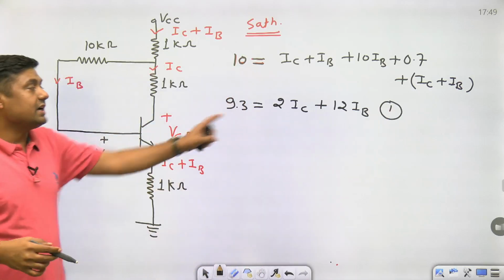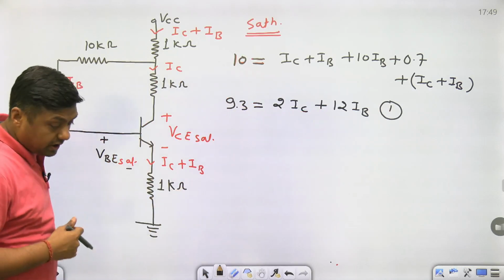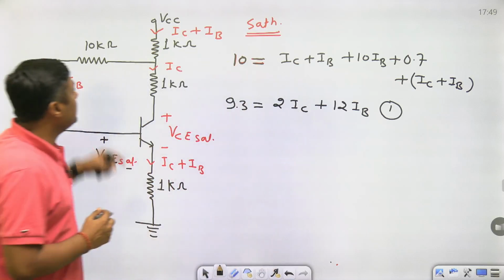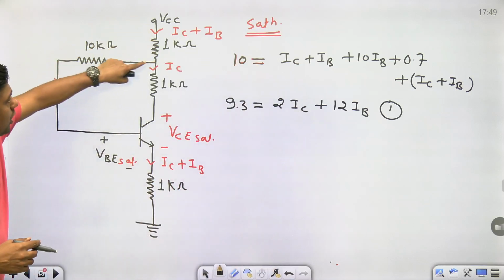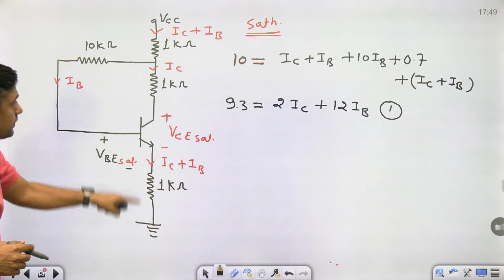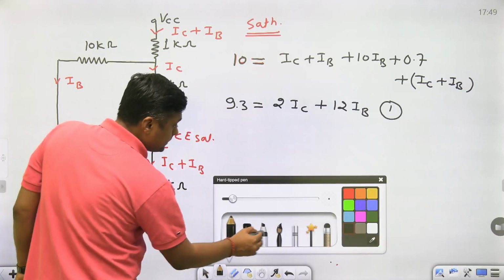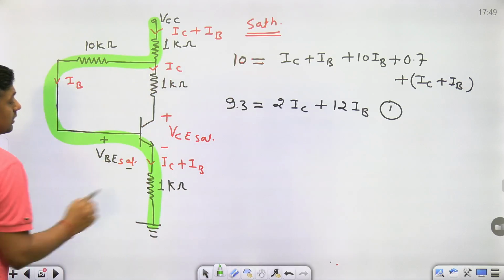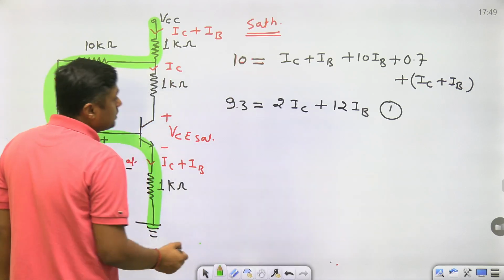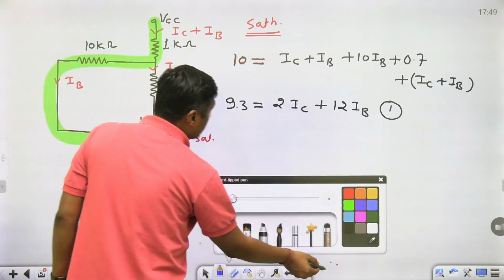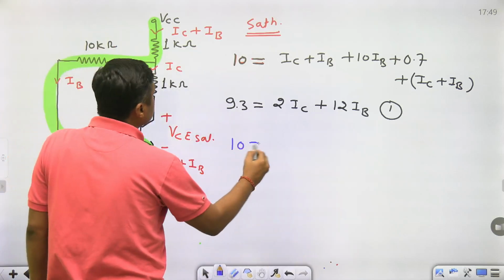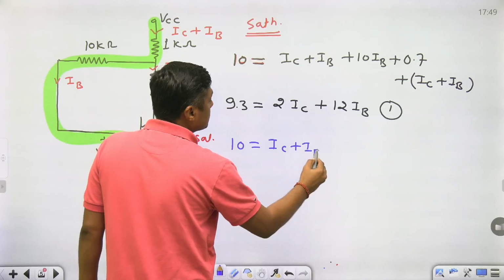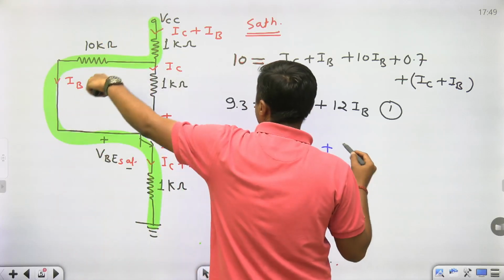Now there are two unknowns, IC and IB, so you have to write the second equation. What is the second equation here? KVL from this point to this point to this point. KVL from this side to this side. Now see what KVL you write: 10 is equal to again IC plus IB into 1 and just 1 plus 10 times IB.